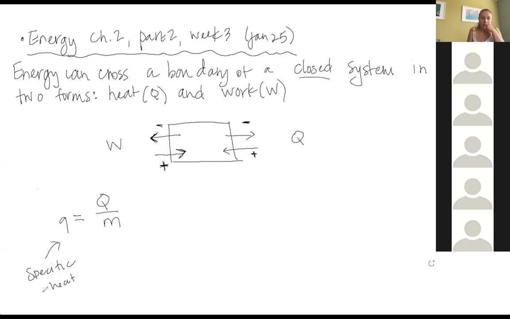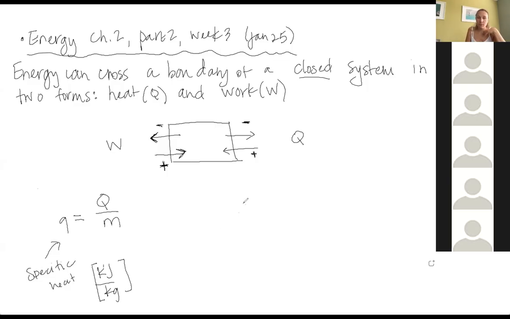Yeah, Justin. So it'll have something like a joule per kilogram as its units. Kilojoule per kilogram, joule per kilogram, joule per gram, some sort of energy term divided by a mass term.